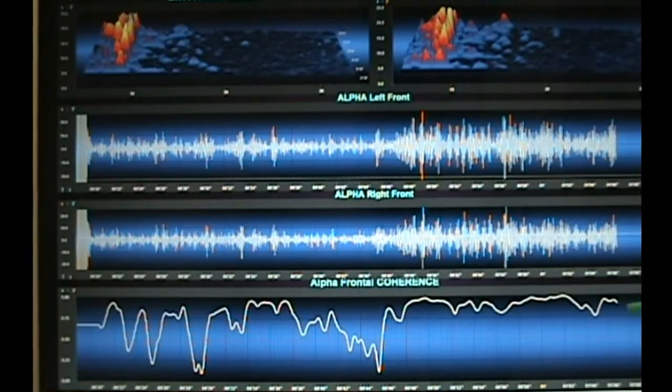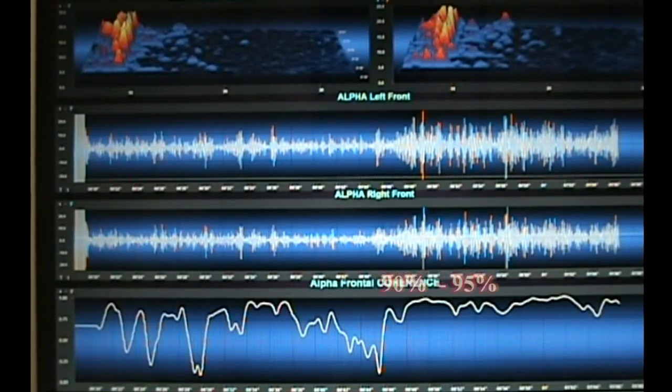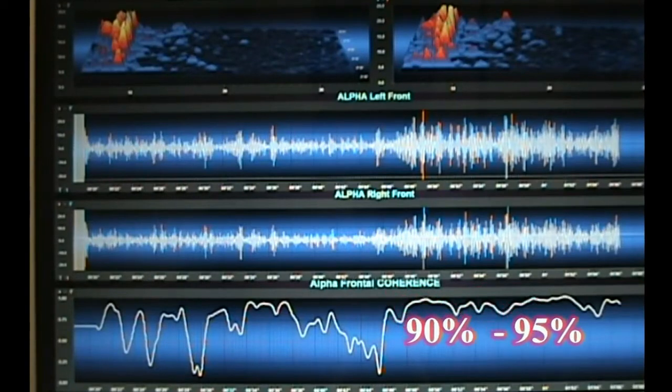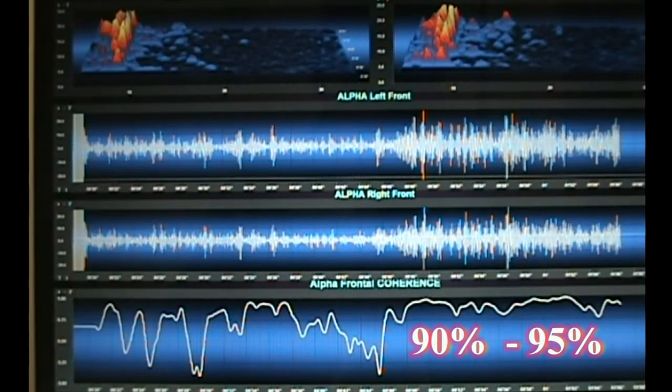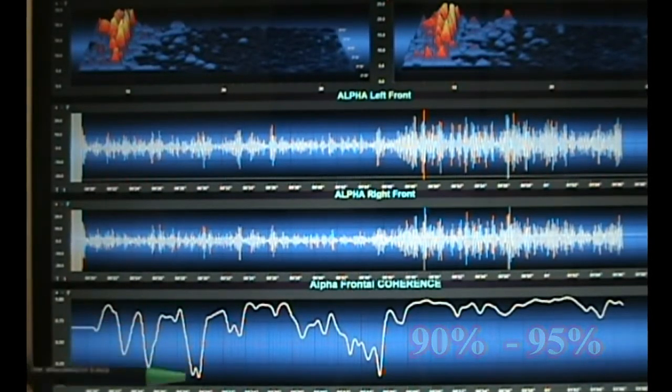And you can see that during the TM technique, the coherence now rises to a remarkably high level of global coherence, oscillating at around 90%, 95%, where before it was oscillating in a diversified mode across the entire range.